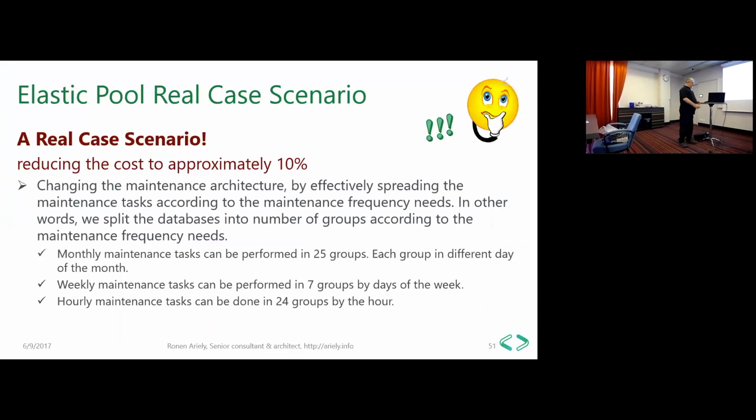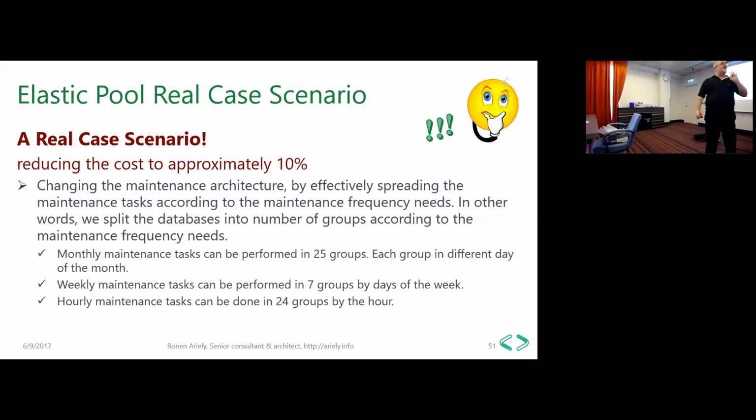And now I want to show you a real case scenario. This is a real case that I will show you as an illustration, where we successfully reduced the amount of resource units by 90%.